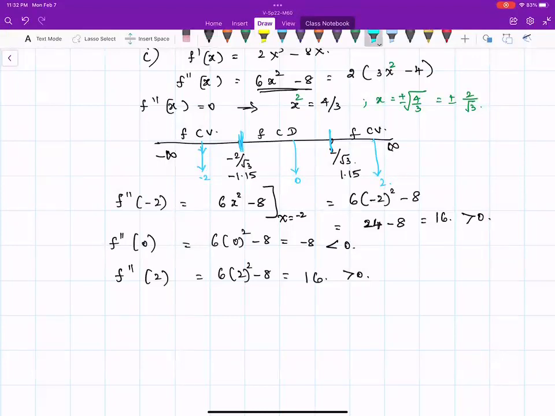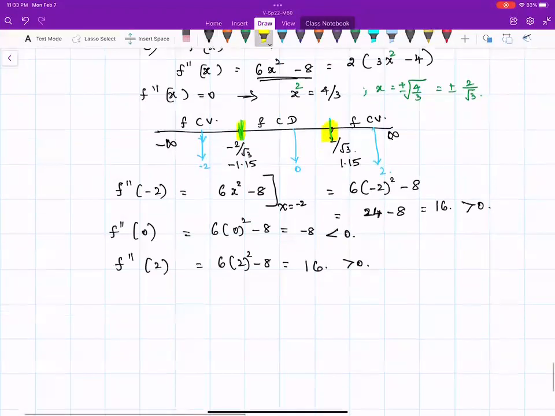So in this picture, you notice that at negative 2 over radical 3, the concavity changes. Same way at 2 over radical 3, the concavity changes from down to up. So those are the inflection points, the x coordinates of the inflection points.